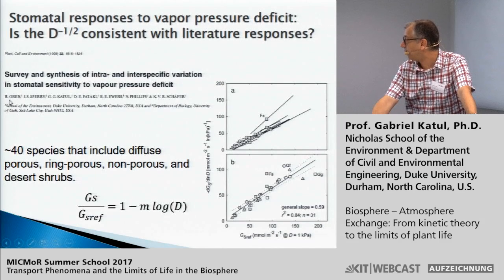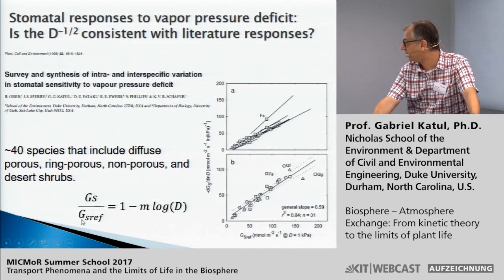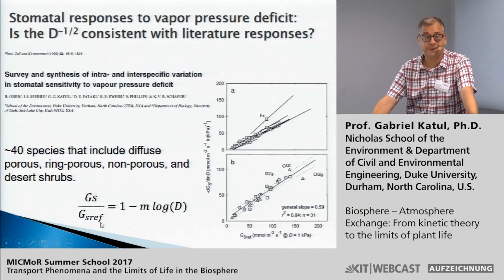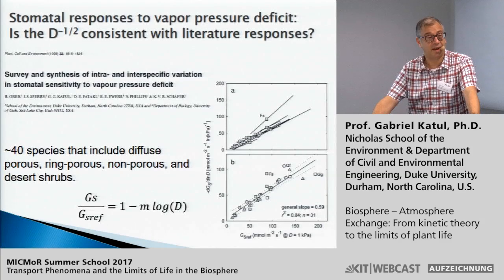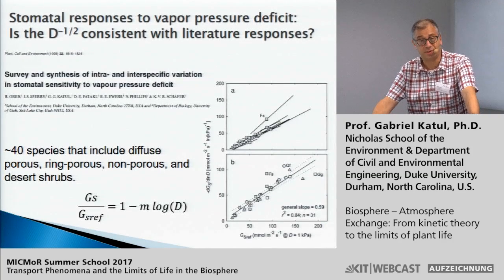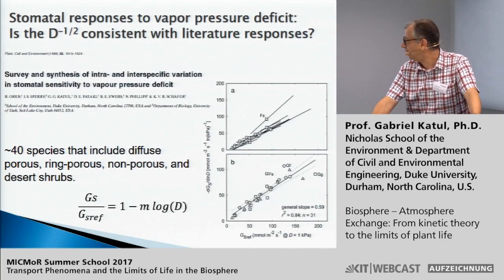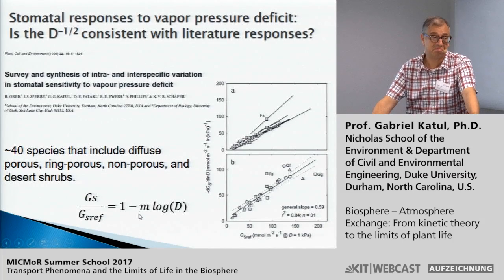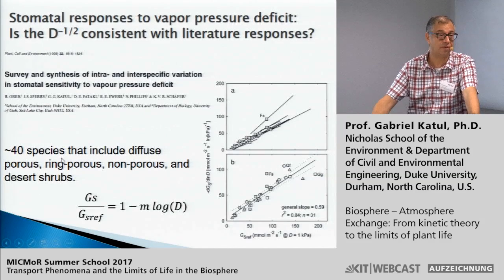So what Ram Oren noticed is that if he plotted stomatal conductance against some reference conductance, and he called this reference conductance as conductance derived at 1 kilopascal vapor pressure deficit, but well-watered conditions, high light, he found that, in fact, the vapor pressure deficit response is almost general for all species. He analyzed 30 or 40 of them.